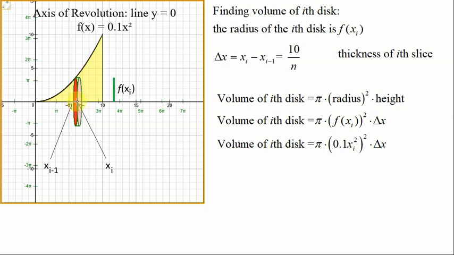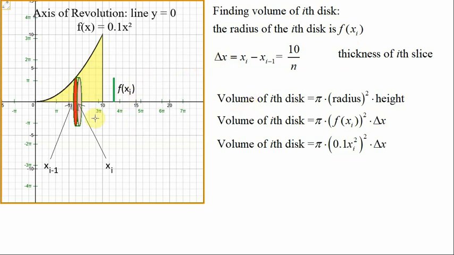Now this is x sub i, and so f of x sub i would be the distance from the x-axis up to the graph. But f of x sub i is also the radius of this disk. And so the radius of the ith disk is f of x sub i. And then the thickness of this disk is delta x.